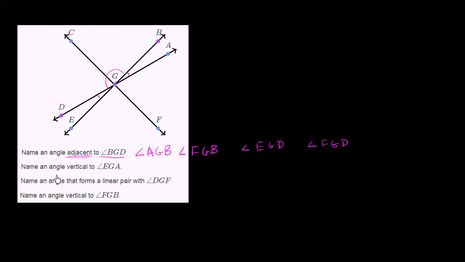Let's do this next one. Name an angle vertical to angle EGA. Angle EGA is this angle right over here. And the way you think about vertical angles is imagine two lines crossing, and they could literally be lines, intersecting at a point.